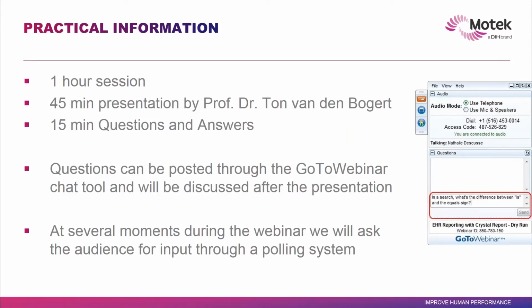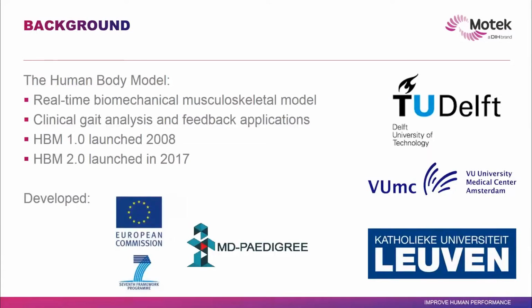Now I would like to give a short background on why we're doing this webinar. Today's webinar is about the human body model, or HBM. HBM is a real-time biomechanical musculoskeletal model, and a very important part of the Motek solutions, in which it is used for clinical gait analysis, gait retraining, and other feedback applications.